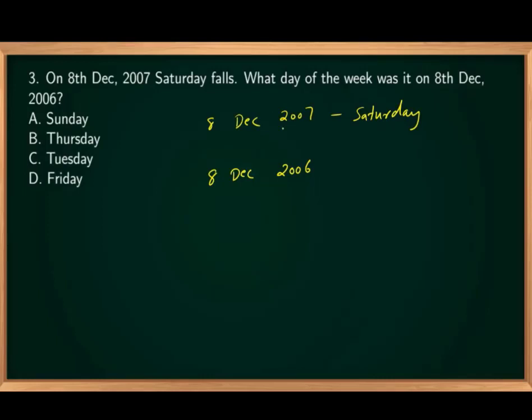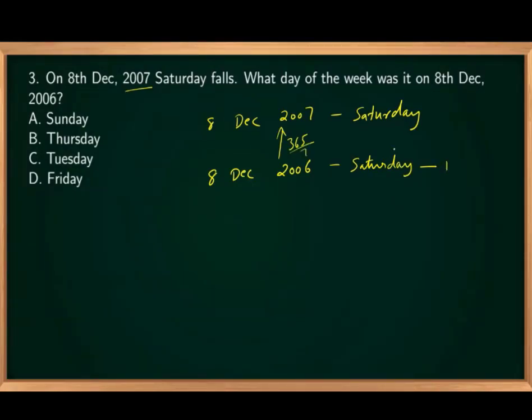So the number of days in between 2006 and 2007 is 365 days. Here it is given the reference as 2007, and we have to find the previous date, that means 2006. So Saturday minus the difference.